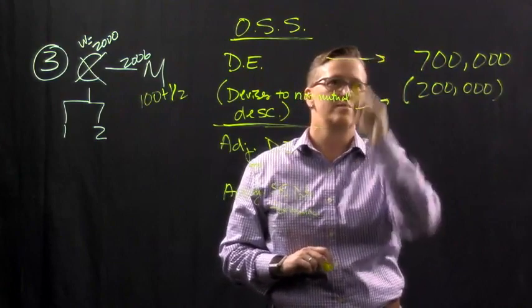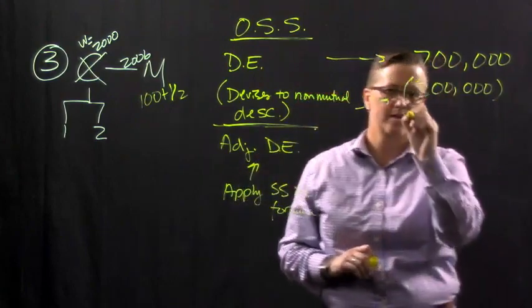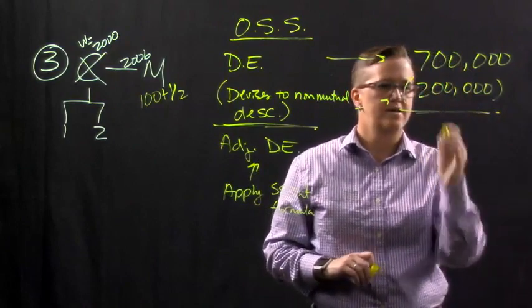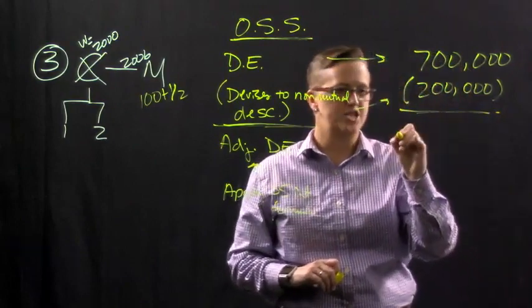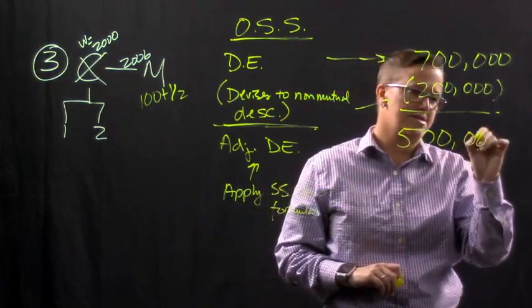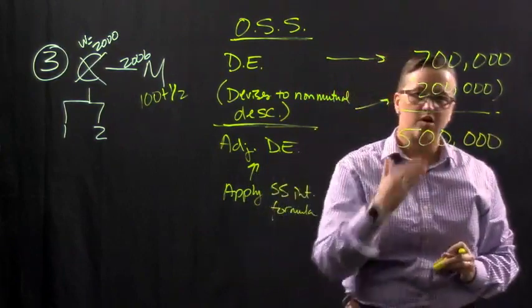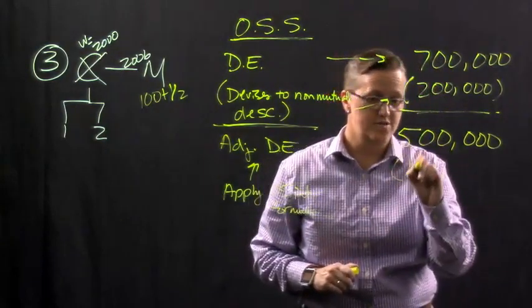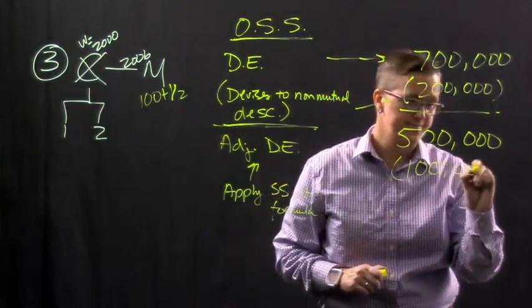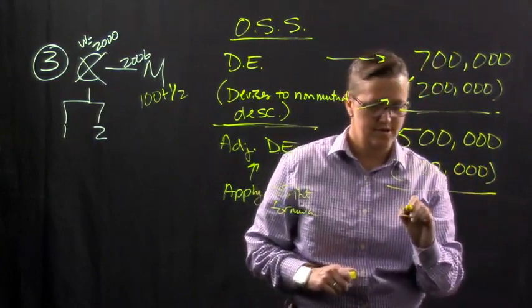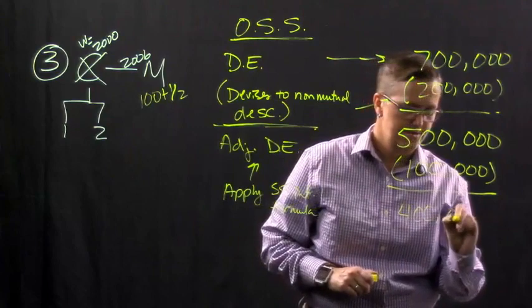Now we've got an adjusted distributable estate of $500,000. And here we're going to apply Molly's intestate formula. So she gets the first 100,000. That leaves us with 400,000.